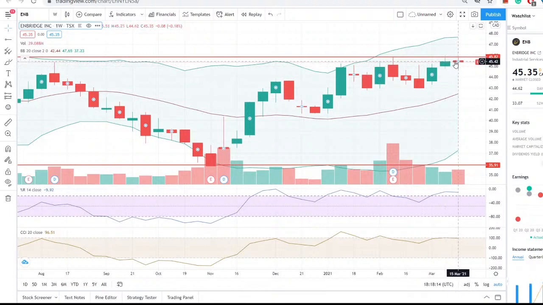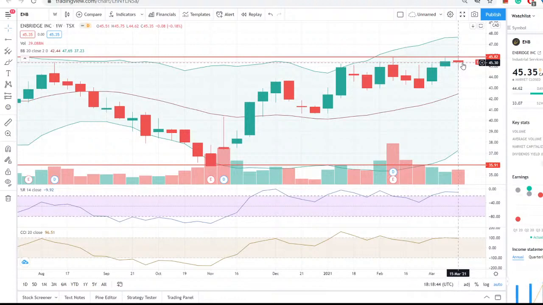I can't see the open, but the close is 45.35, open is 45.51. So it is higher than the close of the previous week, and even the close is at the close of the previous week. That means the market did not let it fall; even if it's a red candle, they did not go below the previous close.